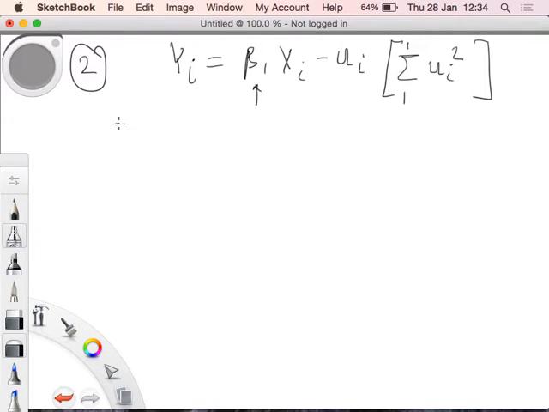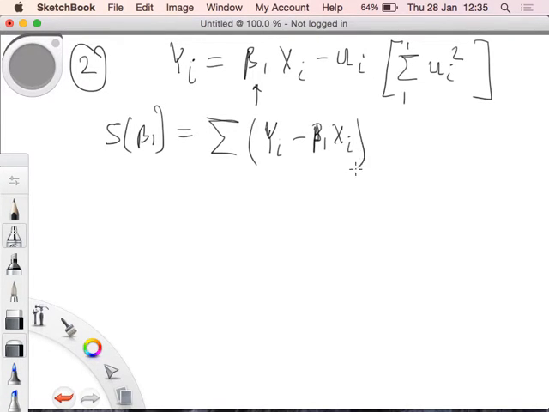So let's define a function S of beta 1, which is basically written as this. Instead of ui, I replace it with these values. ui is equal to yi minus beta 1 xi, from this equation.